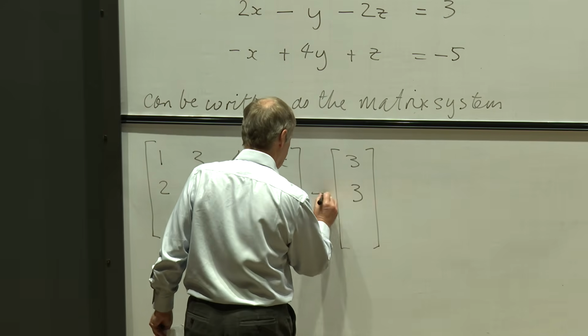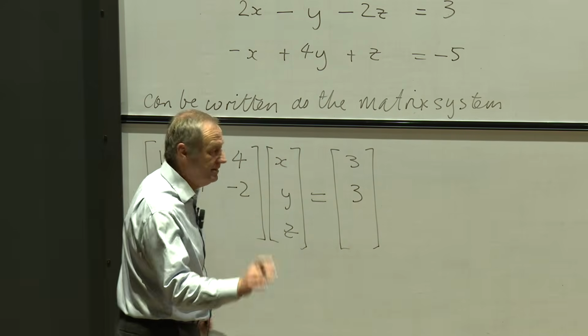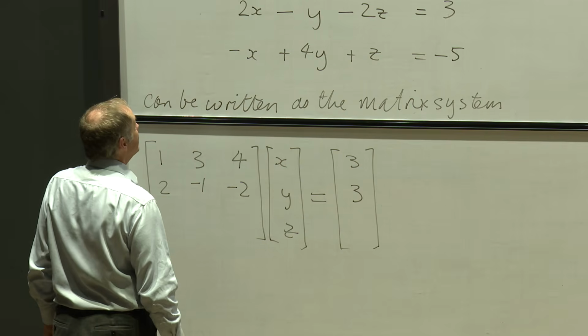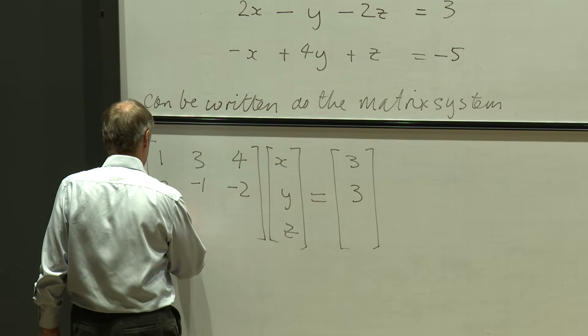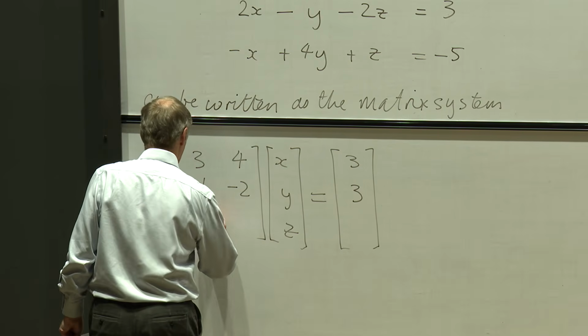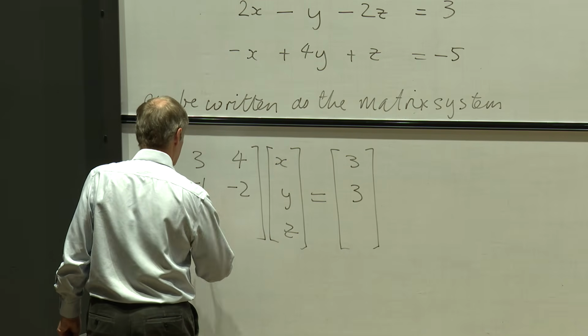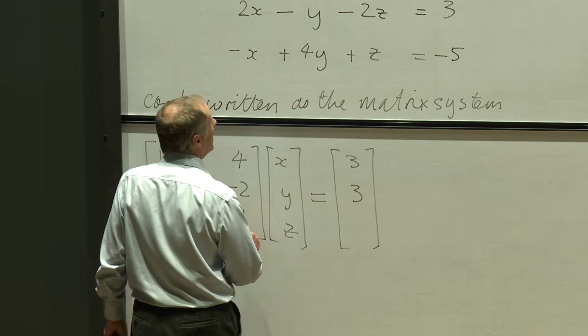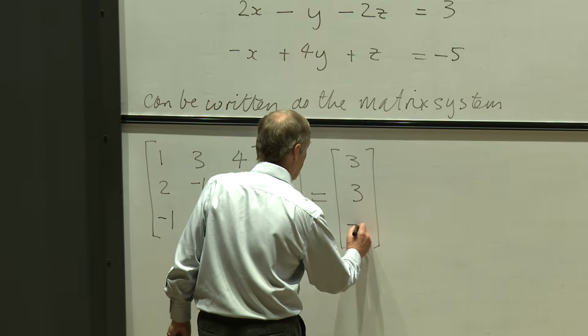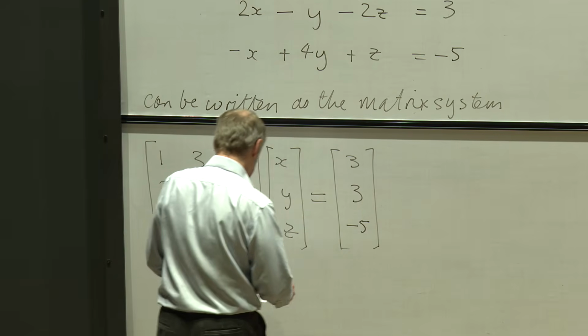Some people put these equal signs at the top, some people put them in the middle, doesn't really matter, right? And then the last equation is minus 1, 4, and 1, and this is equal to minus 5. Okay?